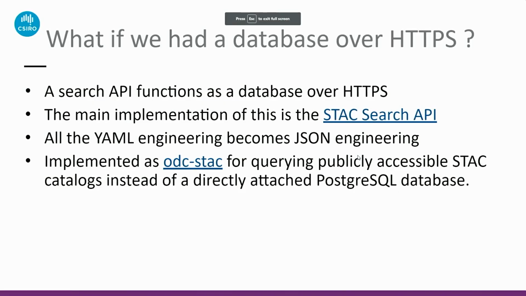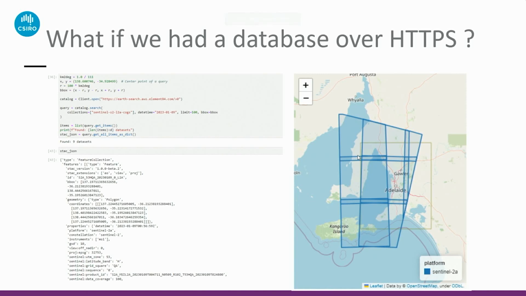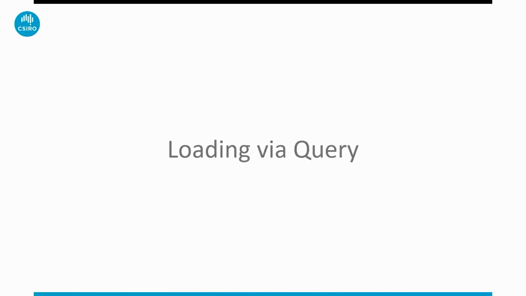So the YAML engineering becomes a bit more traditional JSON engineering with REST APIs, and you can look up things and process them. So what is the big advantage, the big idea behind this? What Open DataCube is providing is being able to lazily operate on a lot of this data.